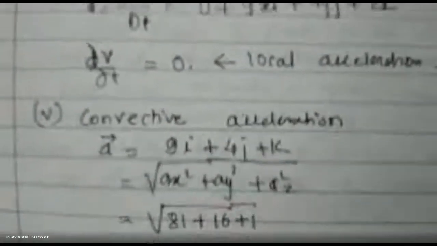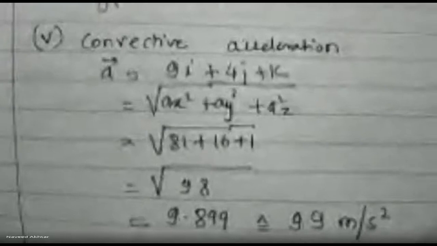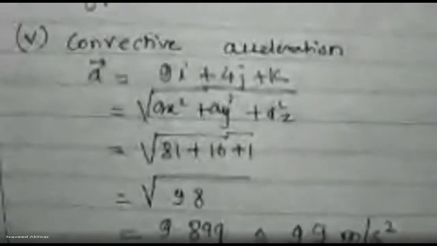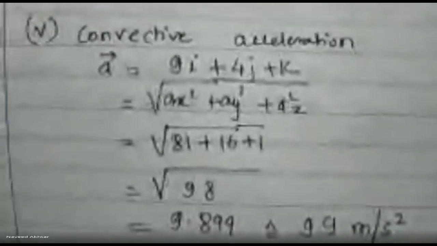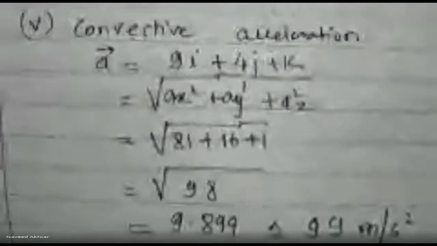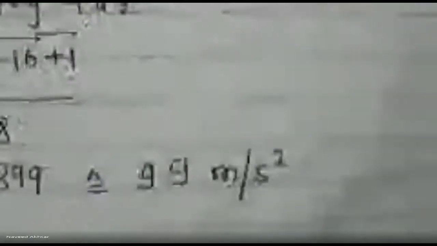Under root of 9 square, 81, plus 4 square, 16, plus 1 square, 1, is under root of 98, which is 9.899. So the acceleration is approximately 9.9 meter per second square.